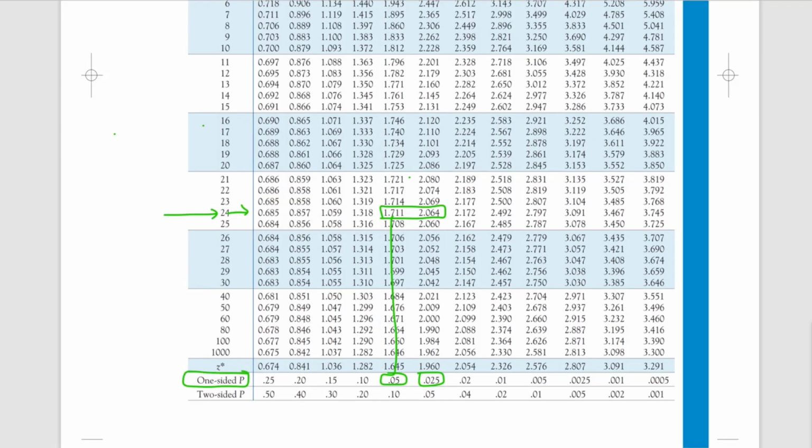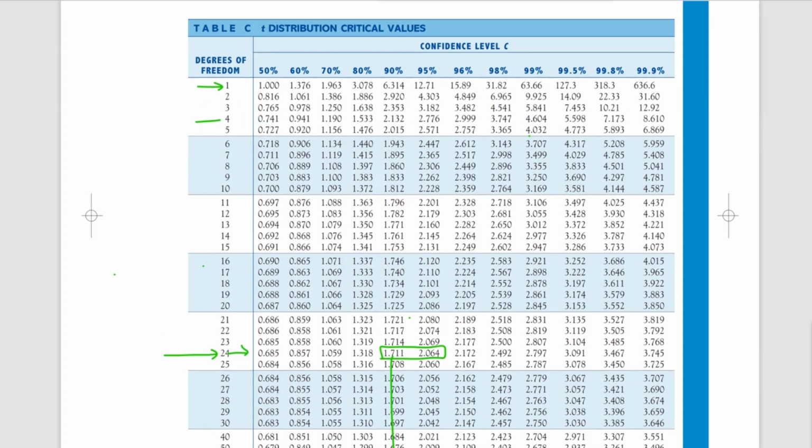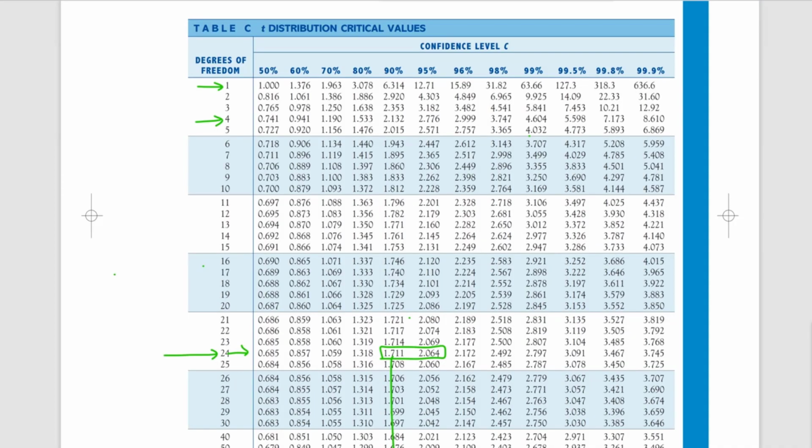Go to the T table and go to the degrees of freedom 4. It is here, and 2.5, right? Can you find the number 2.5 in this row? No. But you know 2.5 should be in between. Got it?